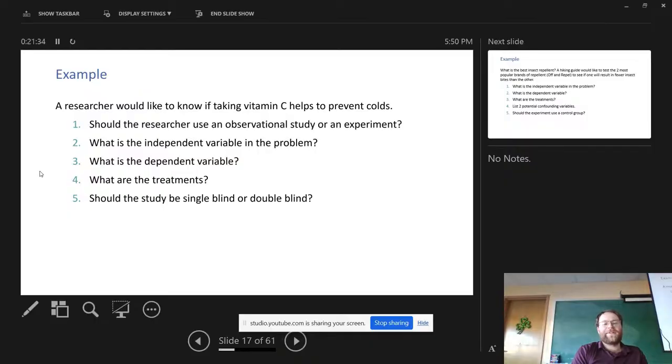Single or double blind? Basically, it doesn't matter whether or not the researcher knows who gets vitamin C and who doesn't.